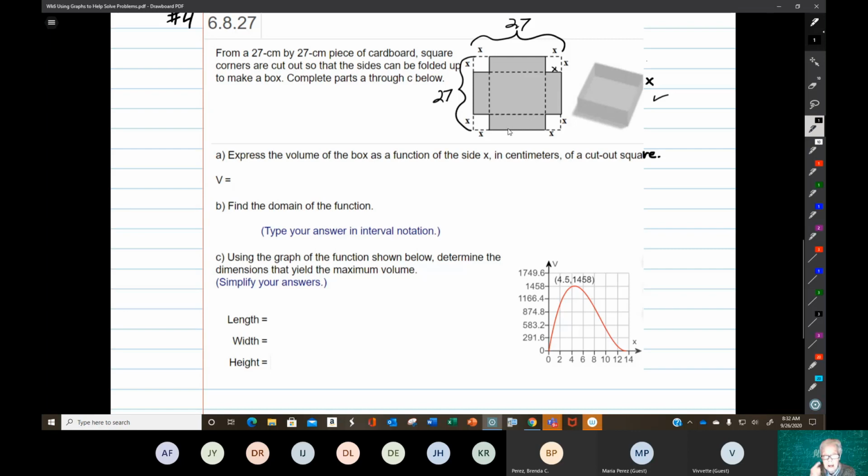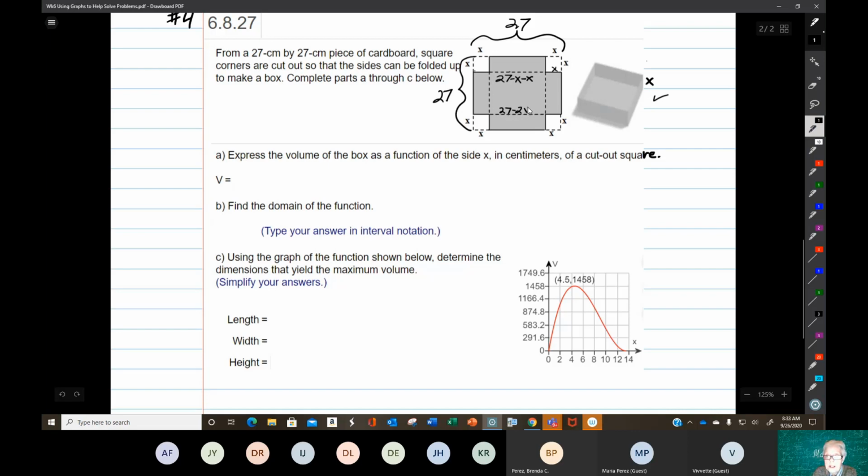And the x length right here, when it gets folded up, is going to be the height of the box. So the base of the box, this was 27, this total length here, but then x was cut off, it's folded up, so it's now x centimeters shorter, and then this side was folded up, so it's another x centimeters shorter, so that this side and this side are going to be 27 minus 2x, the base of the box, after the sides are folded up.